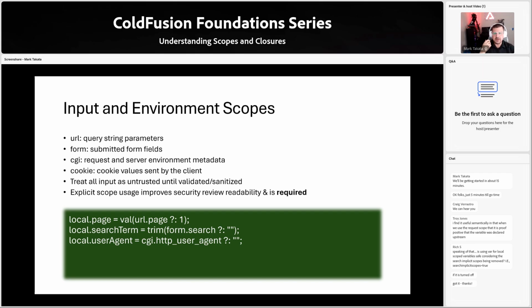And so, outside of this being required, if you don't have the search implicit scopes true tag, why should you do it? Well, it improves security and readability. It's just better for six months or a year from now when you're looking at your code and trying to figure out what the heck is wrong, why something's breaking. You can just tell. And the potential exists, by the way, that at some point we will finally be forced by our security teams to remove the argument to allow implicit scopes.